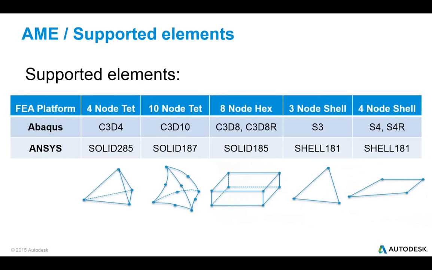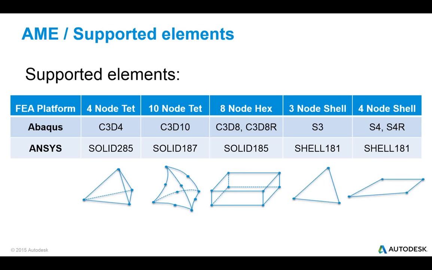So here's the list of supported elements that we have for the 2016 release. The reason that we have specific elements that we support is that on the front end, the Advanced Material Exchange side, we actually use the element shape functions to map data from Gauss point to Gauss point, or sometimes people call those integration point to integration point, on Mold Flow and structural, to provide you, the user, with the most accuracy.